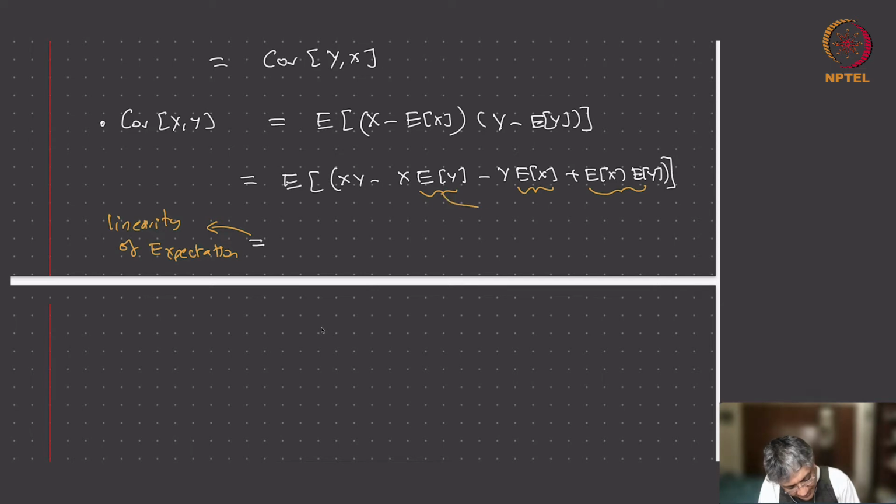So let me just mark them down. They're constants. So what will happen, you will get, first term is exy. The second term is just going to be ex times ey, because the ey term is a constant. The third term is ey times ex, and the last one is ex times ey.